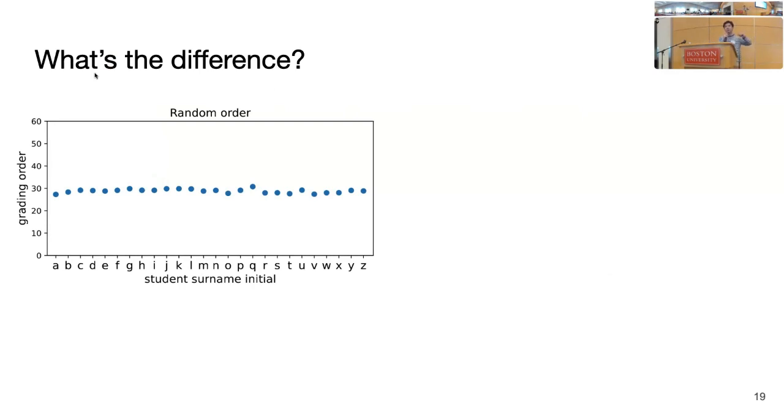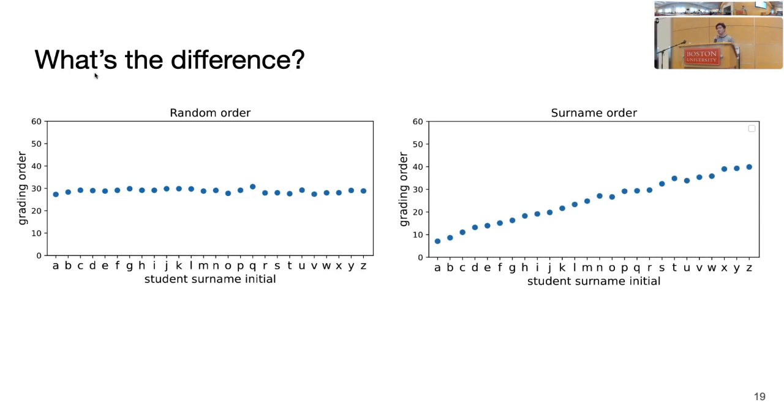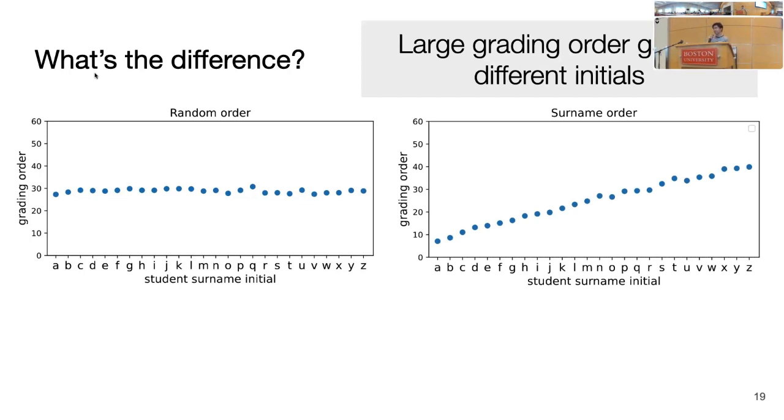But if your assignments are graded in surname order, earlier initial students are more likely to receive earlier grades, and later initial students are consistently receiving later grades for all their assignments during their study, in college, in undergrad, in high school, as long as the school is using learning management systems. So there's a large grading order gap for students with different initials because of this design.